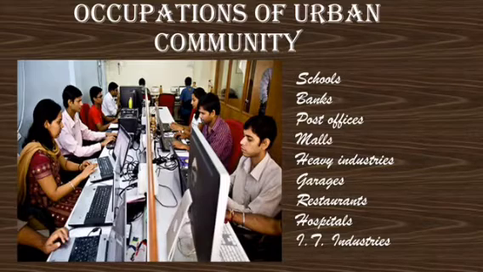They work in heavy industries, like you have many factories over here, they work in there. Then you have garages, restaurants, hospitals, IT industries, and so many more occupations in urban community. Now you can see that compared to the rural community, the amount of occupations and the chances of employment are more in urban communities.